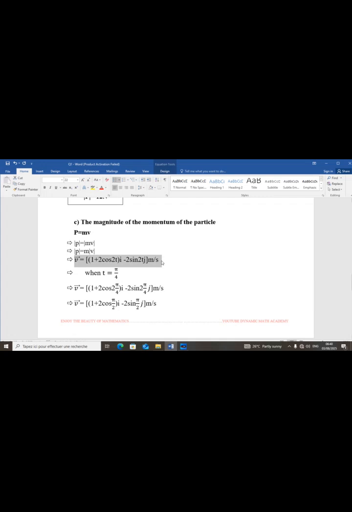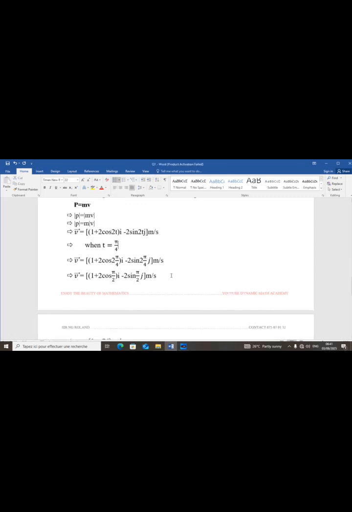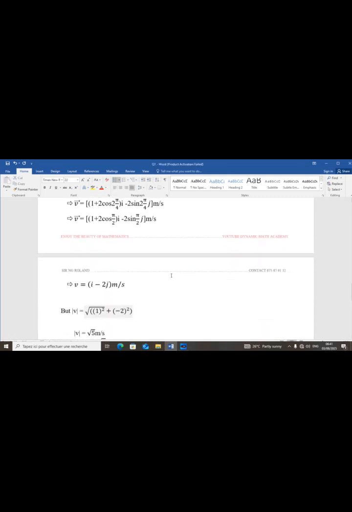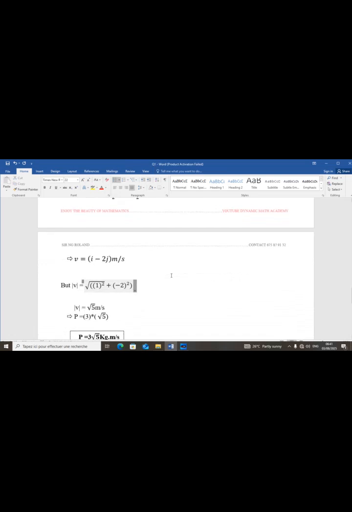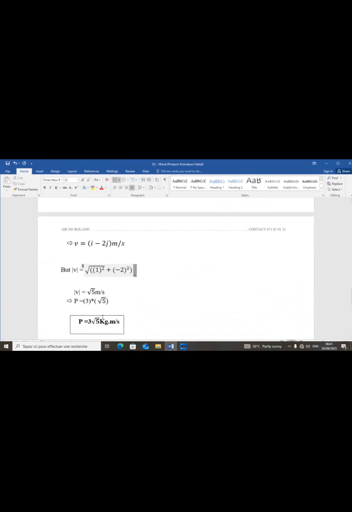Yes, and he or she will have the same answer. So you can go further and do that without any problem. That means you multiply the velocity by the mass before taking the magnitude of the momentum. Hope it's clear. So our momentum was found to be 3.5 kilogram meters per second.